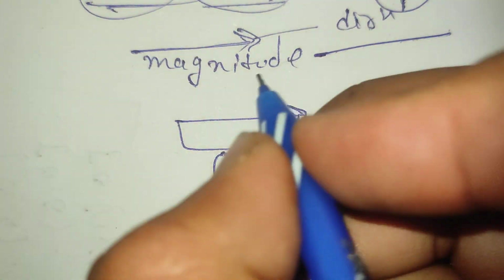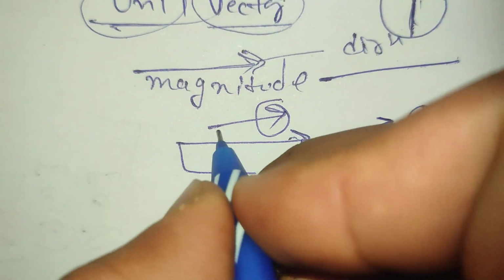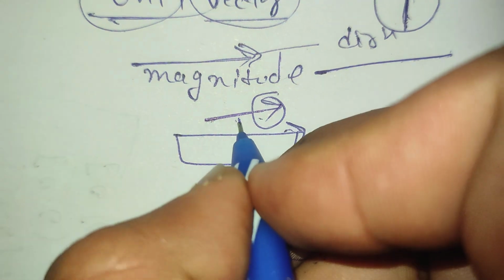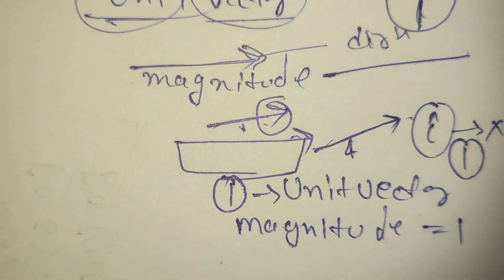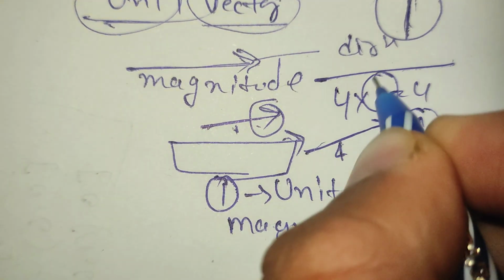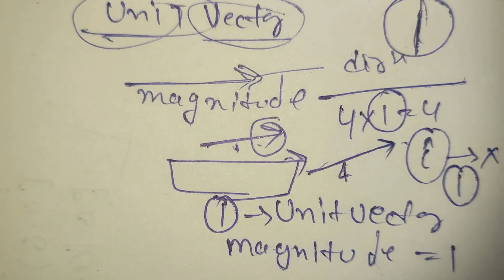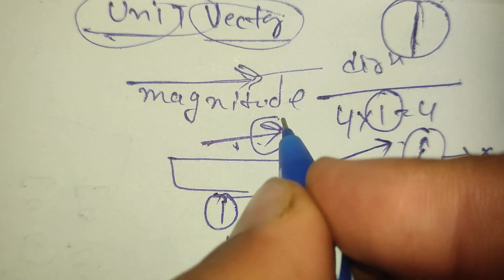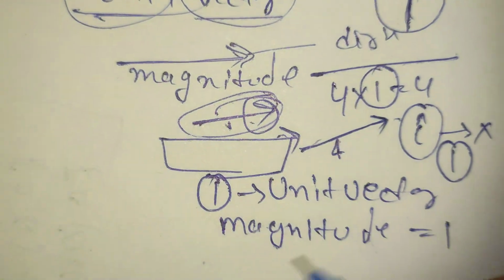It has only direction, because the magnitude is 1. So 4 into 1 is 4, nothing changes in the magnitude. The change is in the direction, which means the unit vector shows the direction.